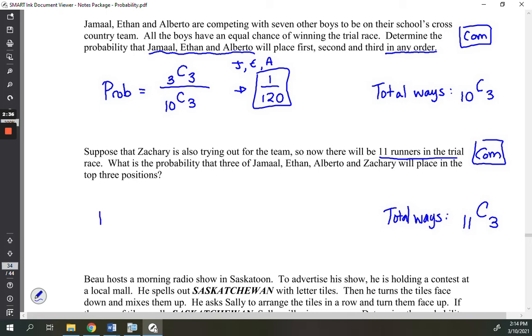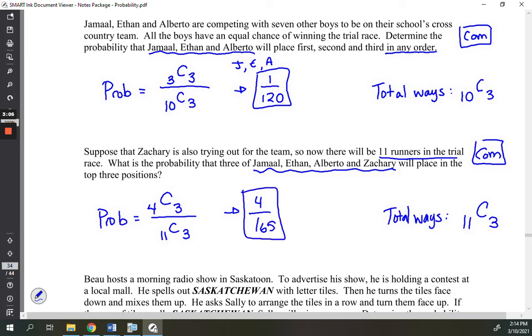So the total possibilities of top 3 winners would be 11 choose 3. And now we want the probability that out of these 4, 3 of them will be in the top 3. So out of those 4 students, we want to choose 3 of them. If you type that in your calculator, you're going to get 4 out of 165.